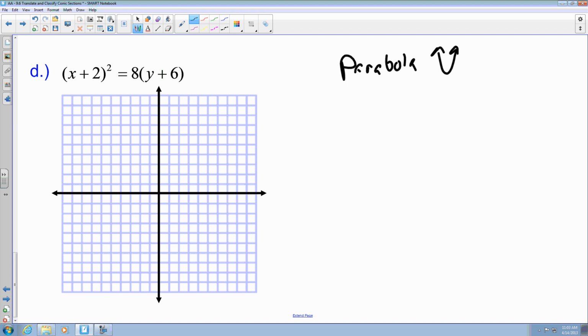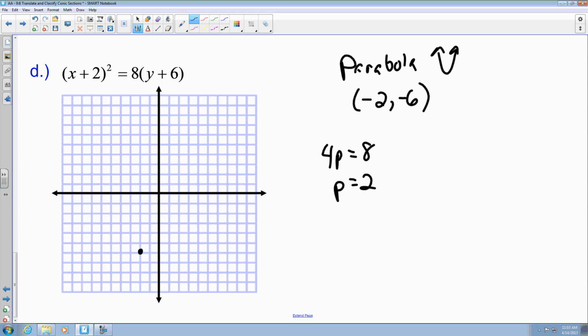So the point of my vertex is going to be at -2 comma -6. So it's here. What I need to do is find what p equals. So I know that 4p equals 8, so p is equaling 2.